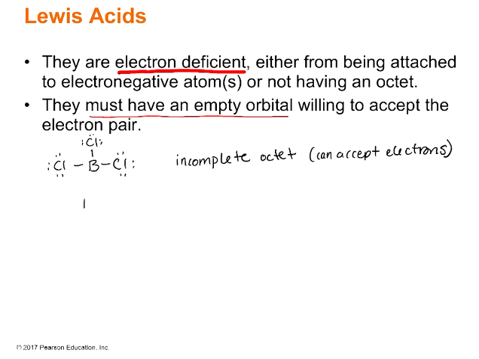Another example is the hydrogen ion. Even though Lewis theory doesn't require a transfer of a hydrogen ion, it can still occur. And hydrogen ions have an empty 1s orbital because it lost its electron. So that hydrogen ion can also accept electrons.